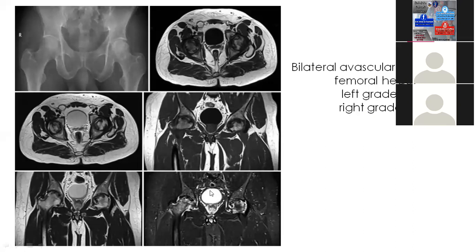The urinary bladder is already bright, and you can see the affected area of the femoral head, but more on the left side: subchondral affection, fluid going inside the bone. It's more of an osseous defect, so it's more affected on the left side than the right side.